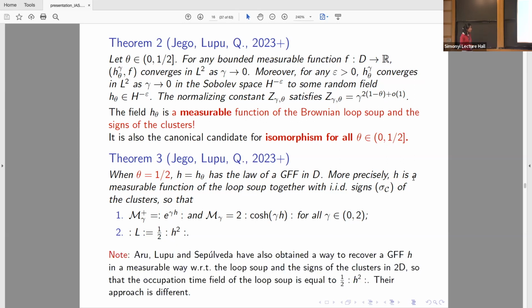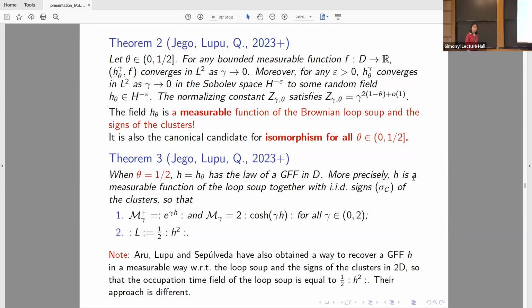I just want to note that Lupu and Jego, and Te Bérard, have obtained in some other unpublished work, with a different approach, that they can also recover the Gaussian field in a measurable way with respect to the loop soup and the signs of the clusters, so that the Gaussian field squared is equal to the local time field.